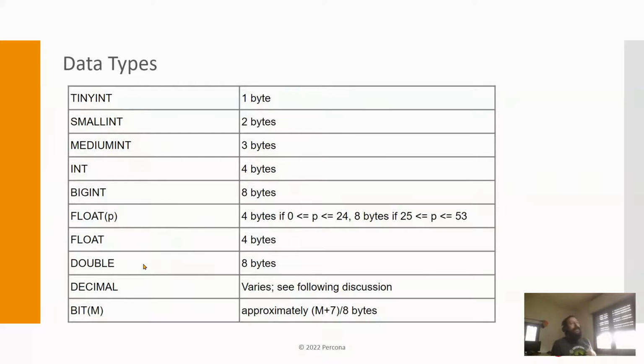Every data type has a different amount of bytes on disk. And if I store the number 123 in an integer, I will always use 4 bytes, even when I could have stored that in a tiny int that is only 1 byte.